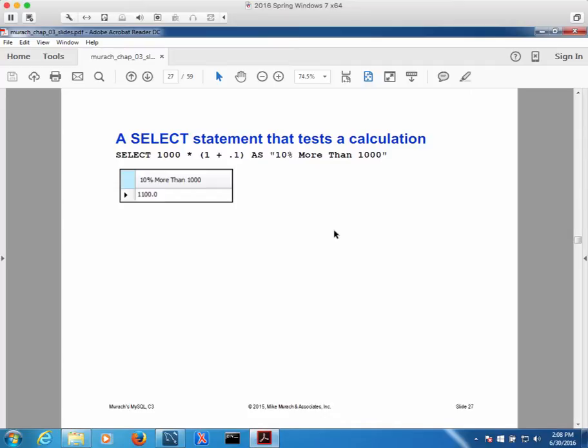It's possible to just have an expression in the column list, and what we got is we didn't really use any columns out of any table, and yet this is a valid query that you might want to use if you were trying to test out some kind of calculation. It's not something I do all the time, but perhaps it appeals to you.